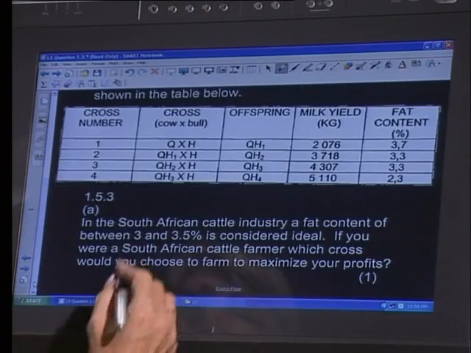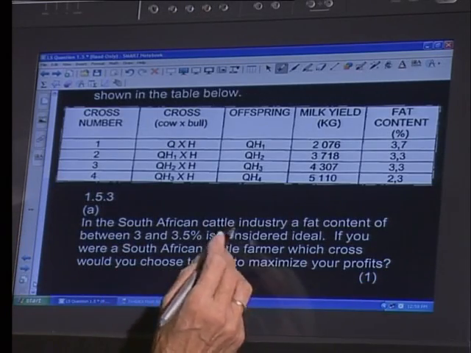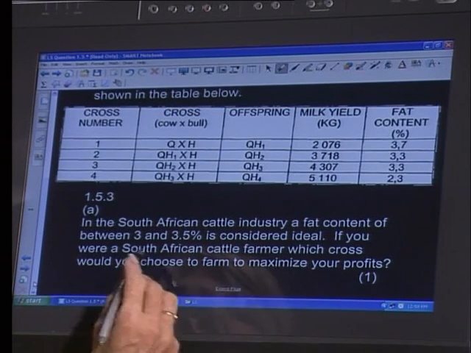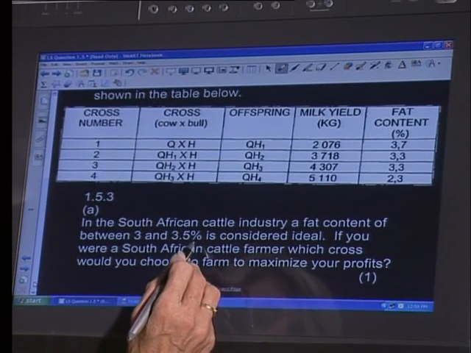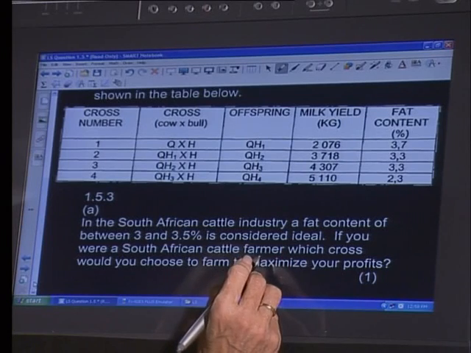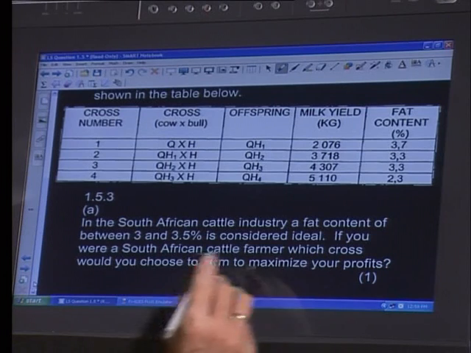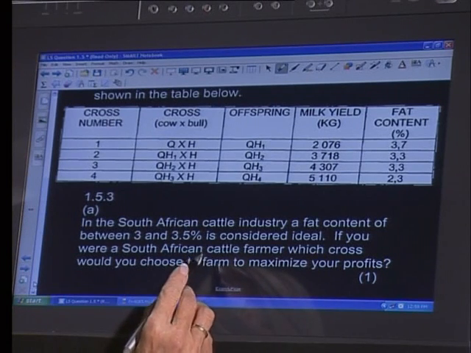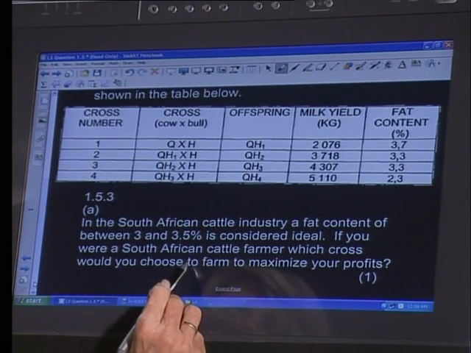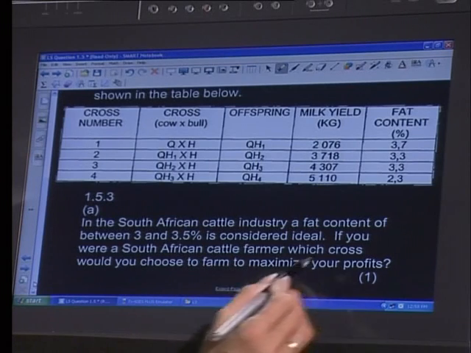In the South African cattle industry, a fat content of between 3 and 3.5 is considered ideal. If you were a South African cattle farmer, which cross would you choose to farm to maximize your profits?